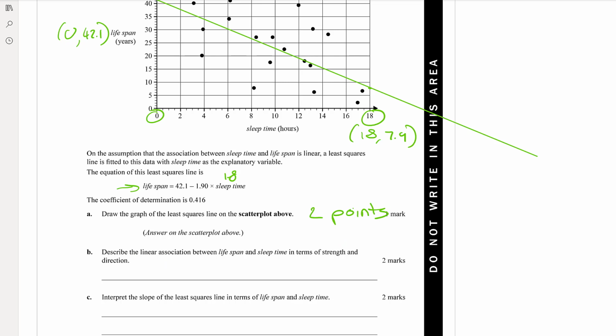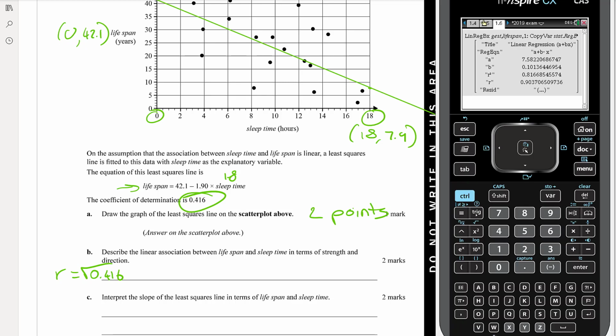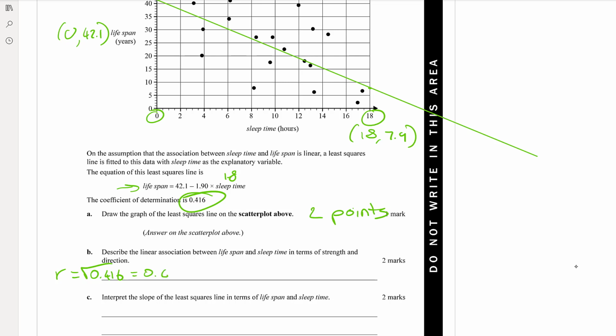So I can get r from this here. r is going to be the square root of 0.416. If I get the calculator up and put 0.416 in there, I'm going to get a value of 0.64. So that's equal to 0.64.